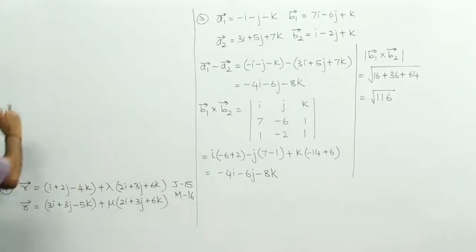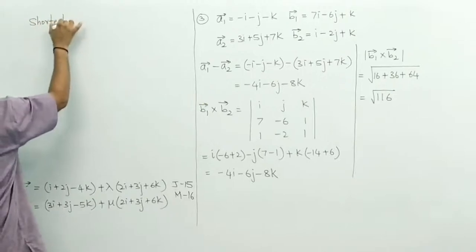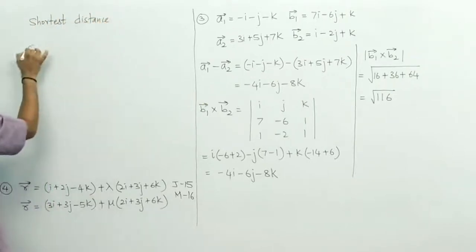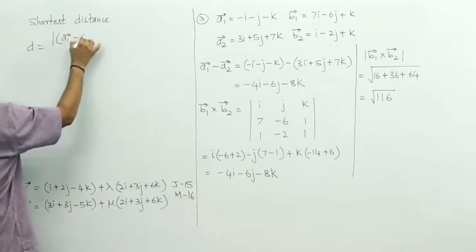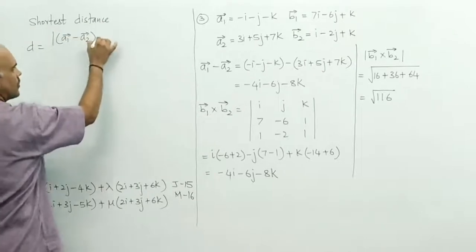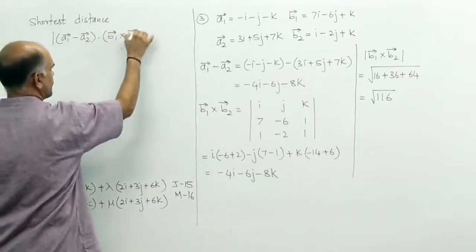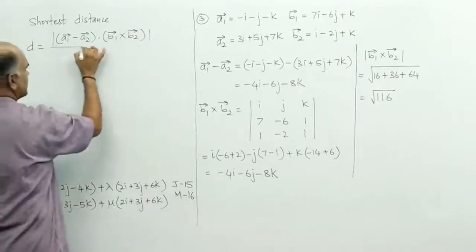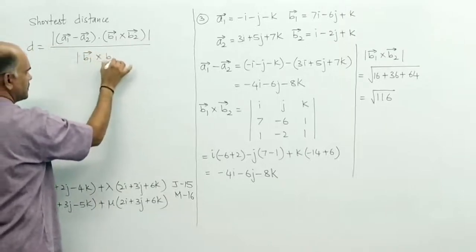So shortest distance D is given by D is equal to mod of A1 minus A2 dot B1 cross B2, whole divided by magnitude of B1 cross B2.